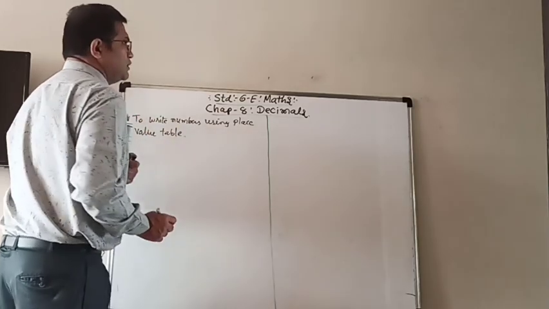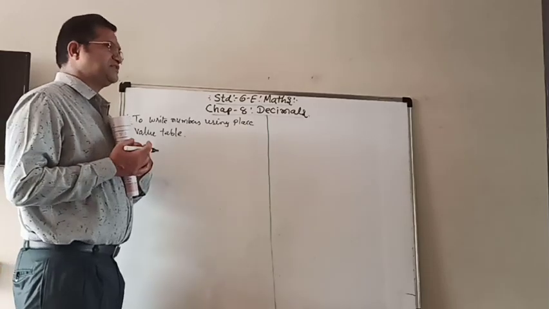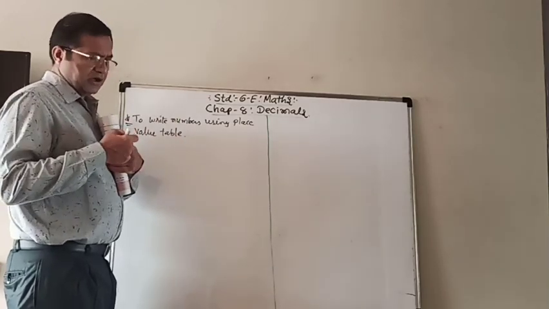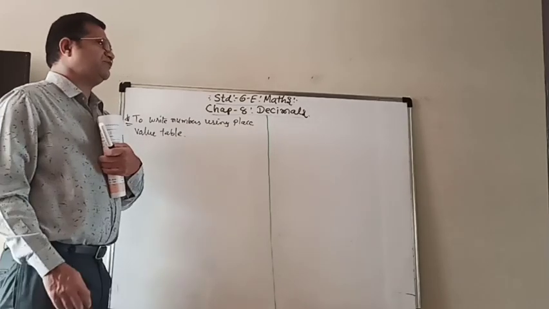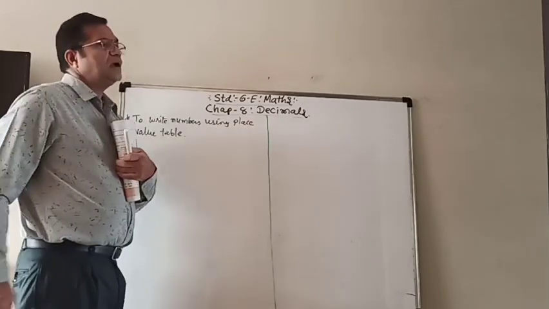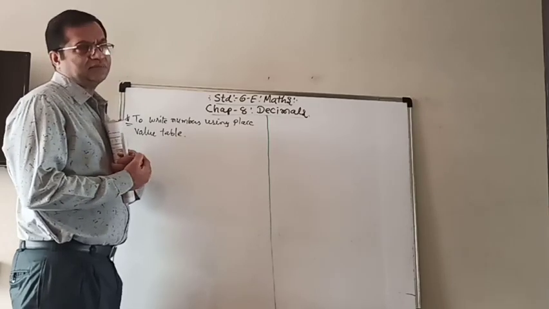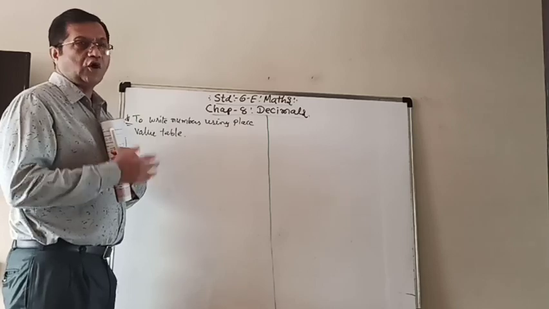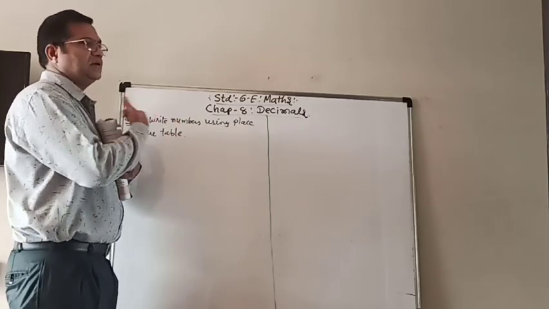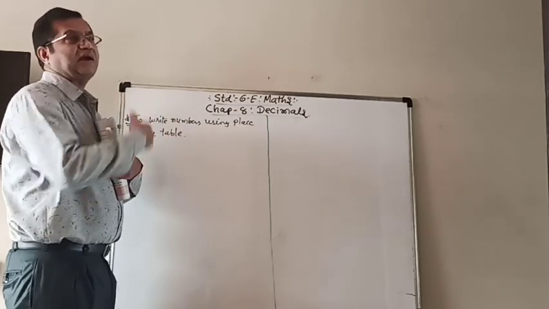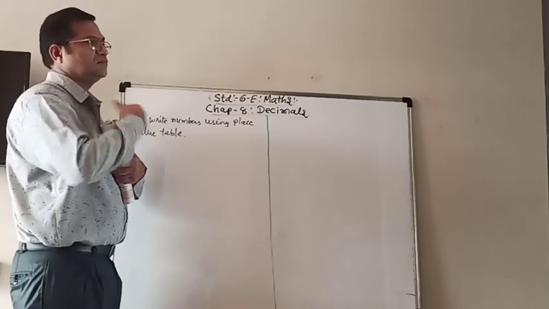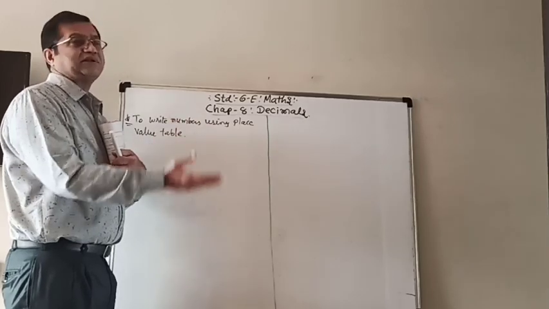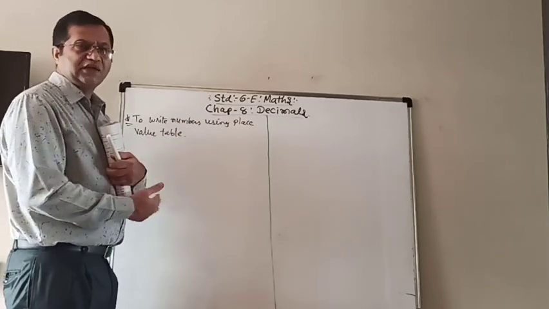Now we learned about whole numbers, how to put them in the place value table, in which we start from the rightmost number, that is known as the ones place or units place. Then it becomes 10 times bigger and bigger: ones, then tens, then 100, 1000, then 10,000 and so on.